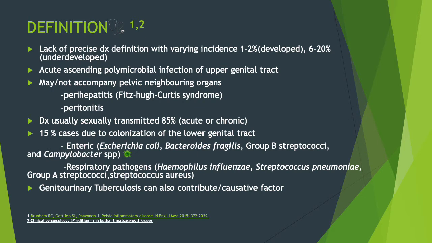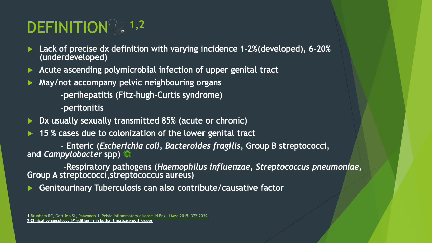This is often accompanied by involvement of the neighboring pelvic organs, such as structures related to endometritis, salpingitis, oophoritis, peritonitis, perihepatitis. Perihepatitis, also known as Fitz-Hugh-Curtis syndrome, is mostly due to the inflammation of the liver capsule.